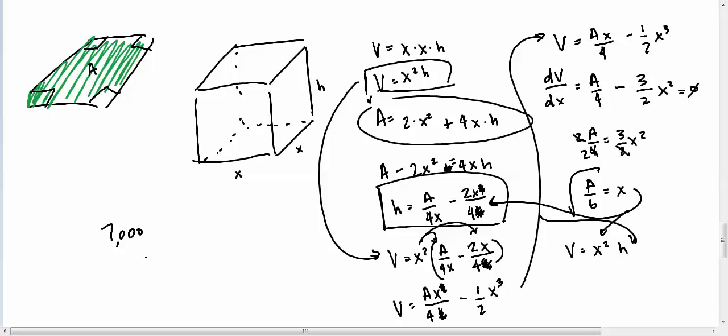For example, a lot of my students like to put 7,000 cubic centimeters. And yes, absolutely, I agree with you 100%. That is correct. However, the computer's not going to like that. It's going to say, well, that doesn't match up with what the programmer told me, which is that the answer is 7,000.